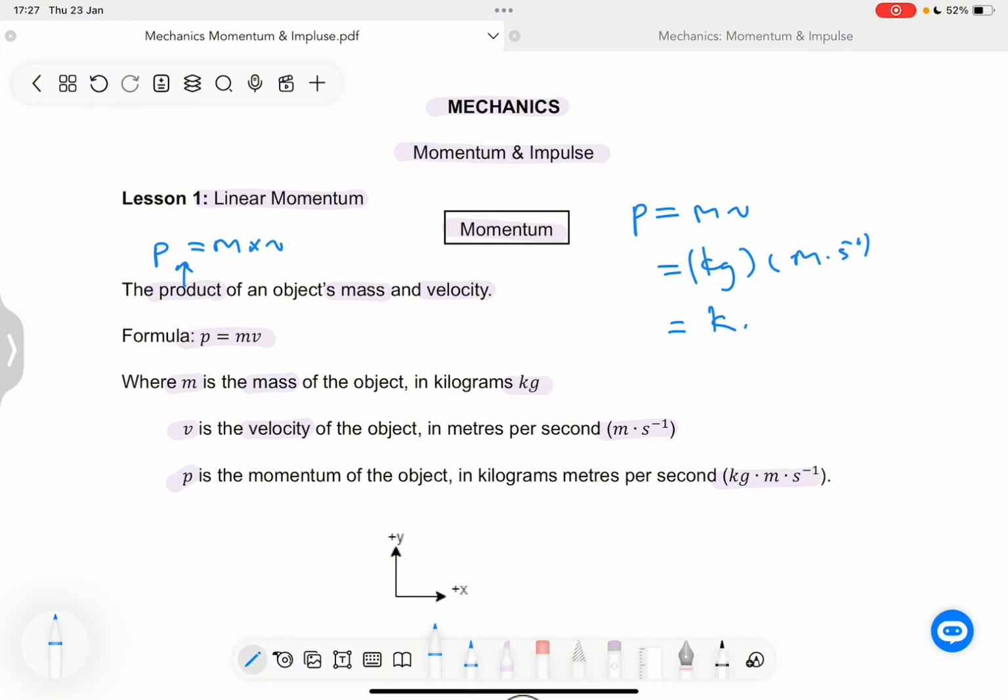We will end up with an SI unit that says kilogram meters per second. It's a combination of the SI unit of mass and that of velocity.